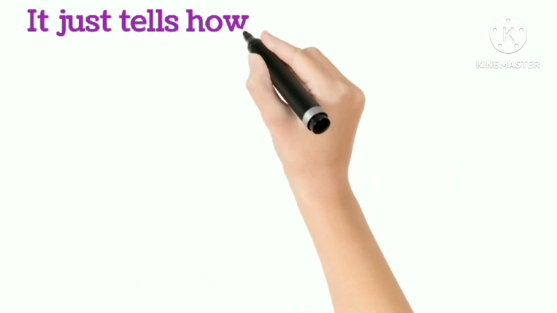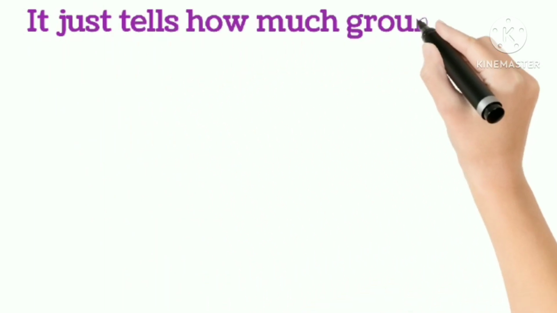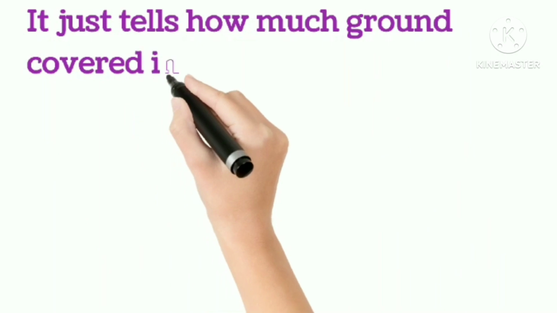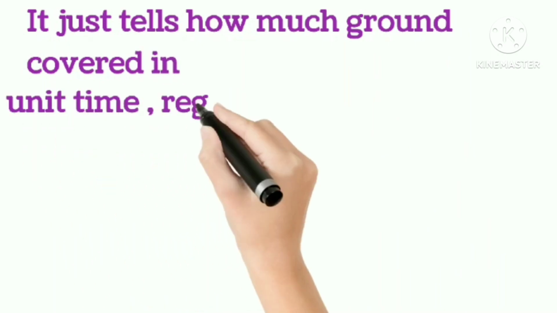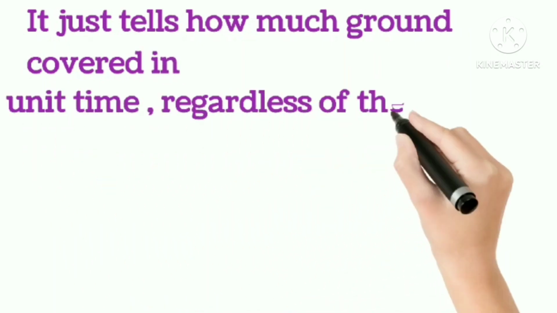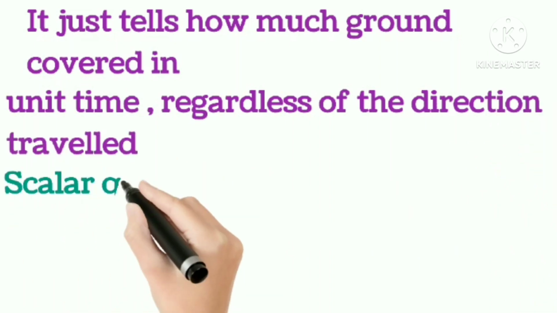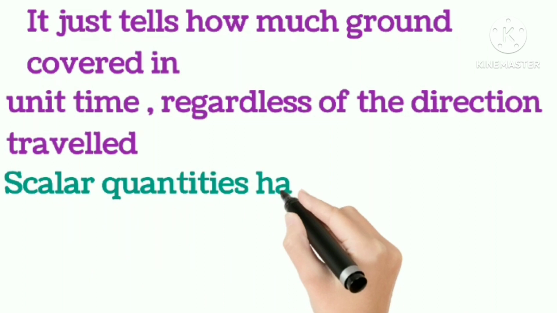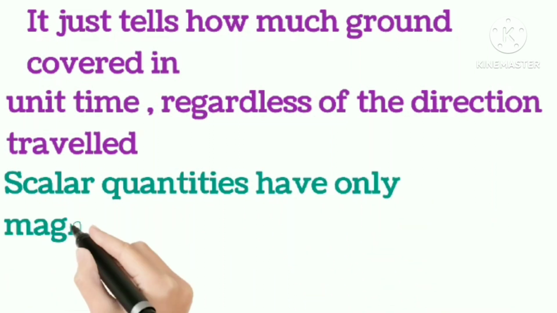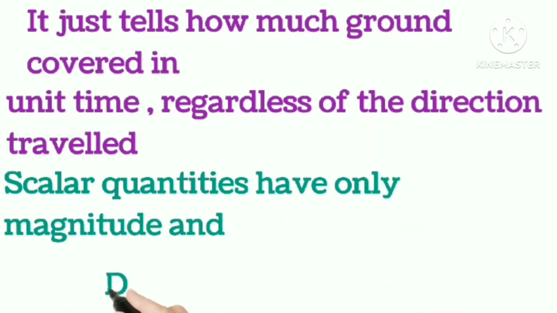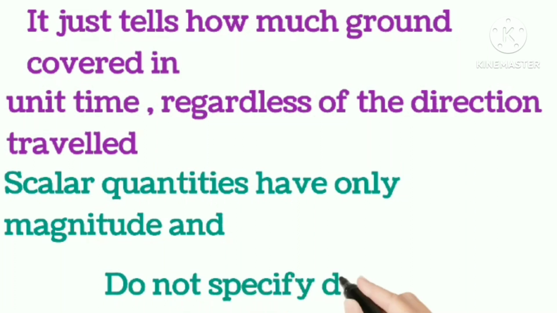It just tells how much ground is covered in unit time, regardless of the direction traveled. Scalar quantities have only magnitude and do not specify direction.